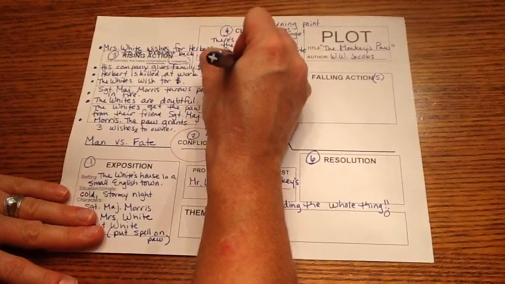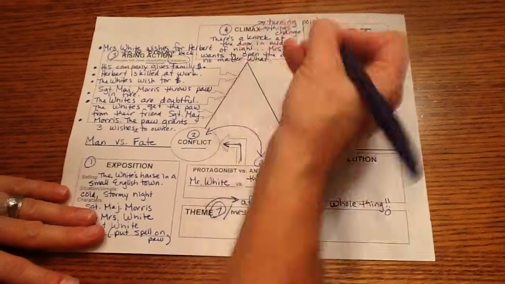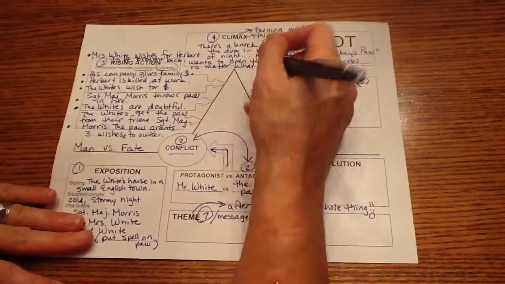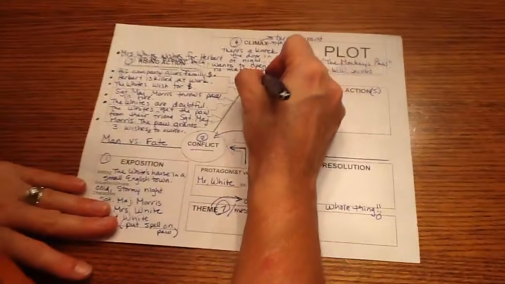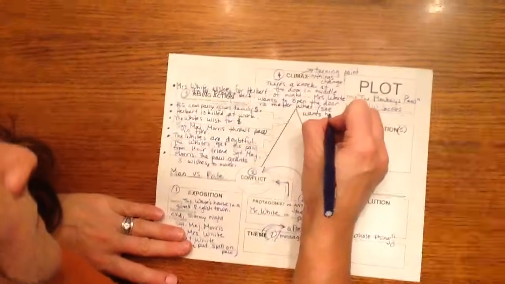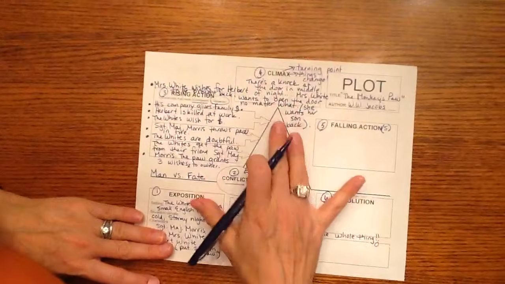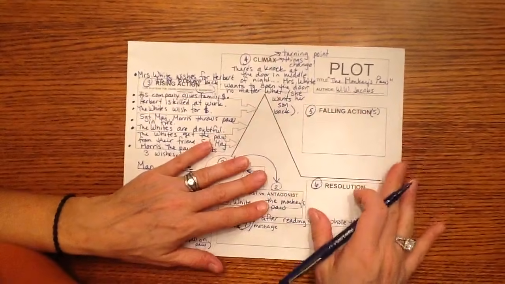And Mr. White, he kind of panics there. Okay, so remember that she wants her son back. And this is actually not the next day, it's about a week after Herbert has been buried.